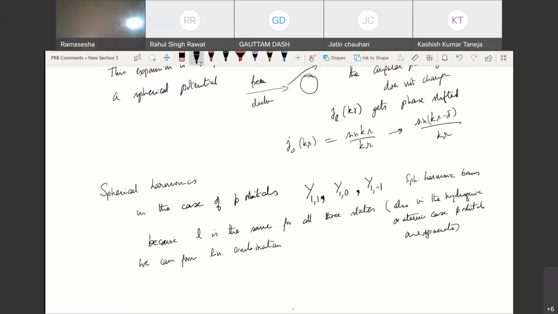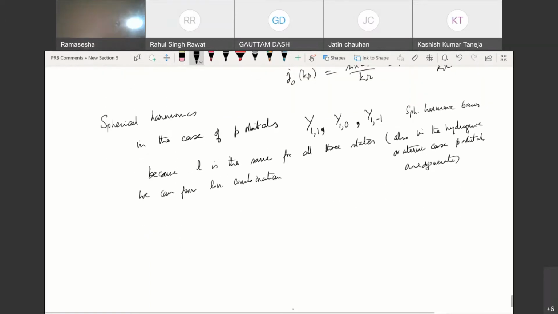You can form linear combinations, and if you form a linear combination, what you get is p_x equal to 1 upon 2 (Y-bar_1 minus Y_1). Okay, so this is x because Y_1 is actually cosine theta times e to the i phi.